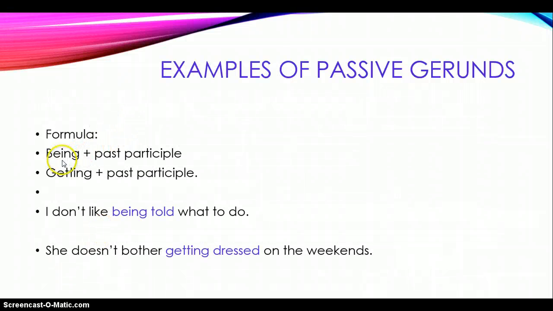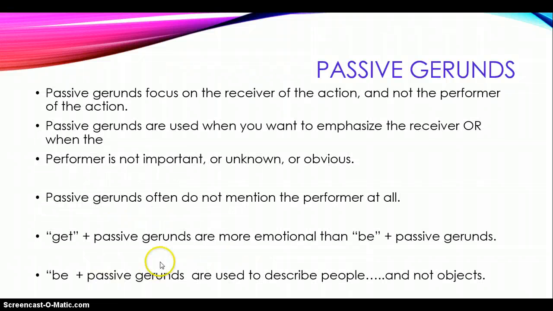Here's the formula again, being plus the past participle, or getting plus the past participle. Once again, getting plus the past participle is used when I want to be more emotional, and being plus the past participle is used to describe people and not objects.